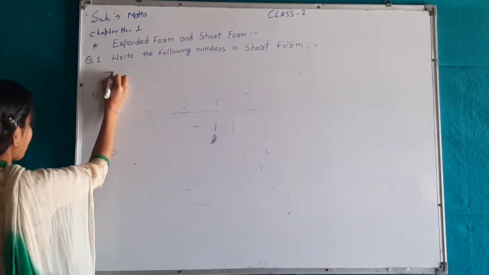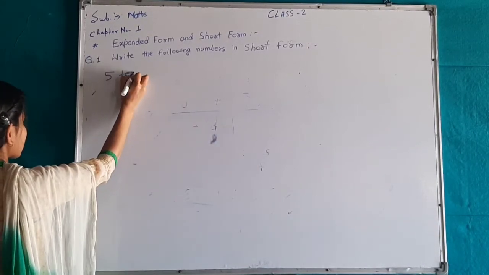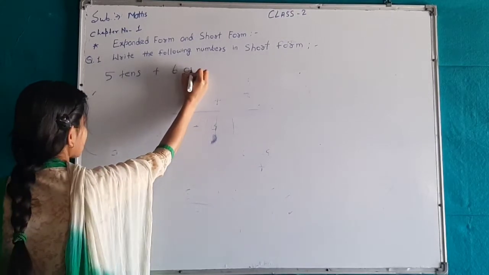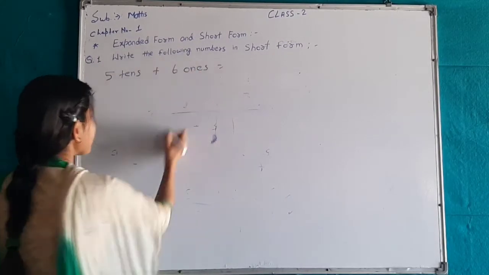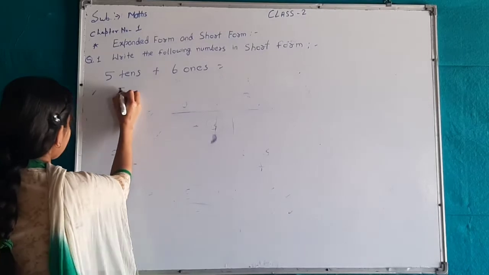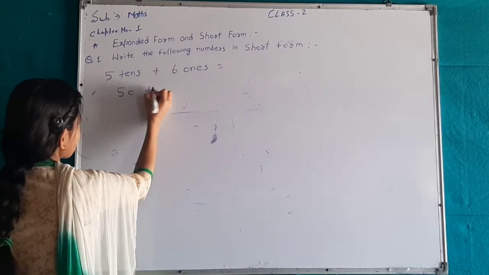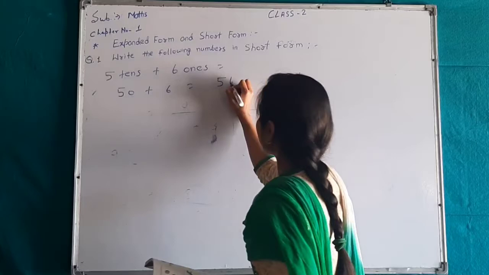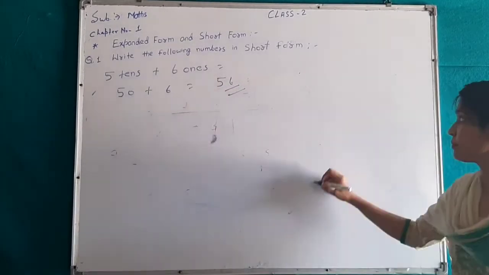Here is your question: 5 tens plus 6 ones. Then what do we get? 5 tens means 50 and 6 ones means 6, equal to 56. 56 is our short form.